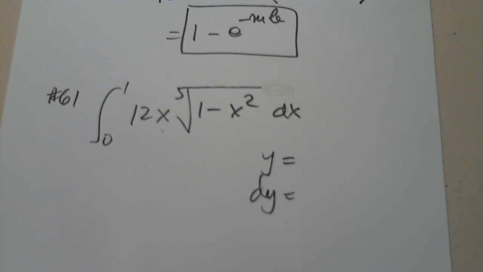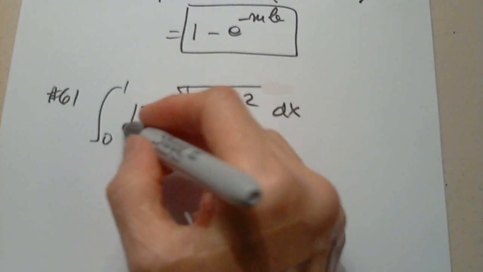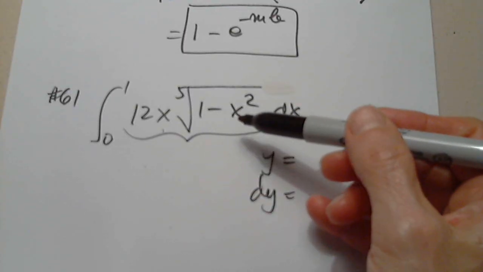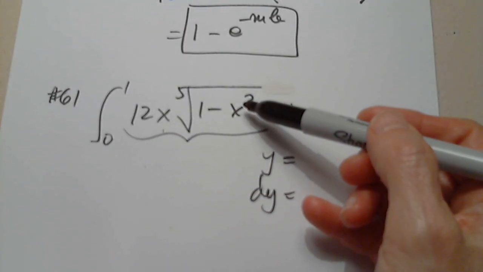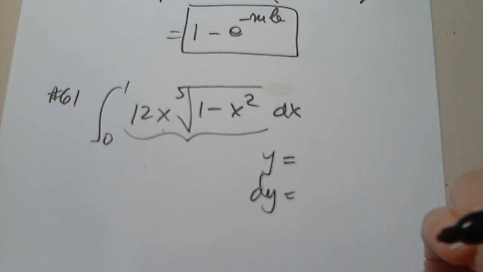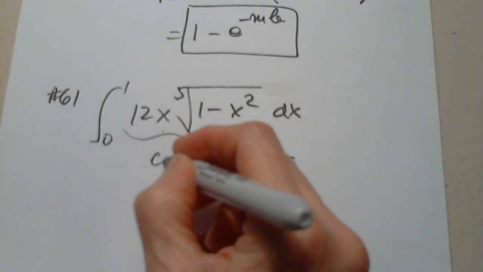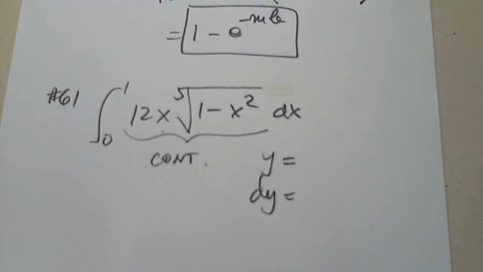So the integral from 0 to 1 of 12x, 1 minus x squared. It's continuous, guaranteed on 0 to 1, because 1 minus x squared doesn't have to be positive or negative. I mean, doesn't have to be positive. It's fifth root, so everything is perfect. Continuous on 0, 1. So can anyone give us an idea of what should dy be?